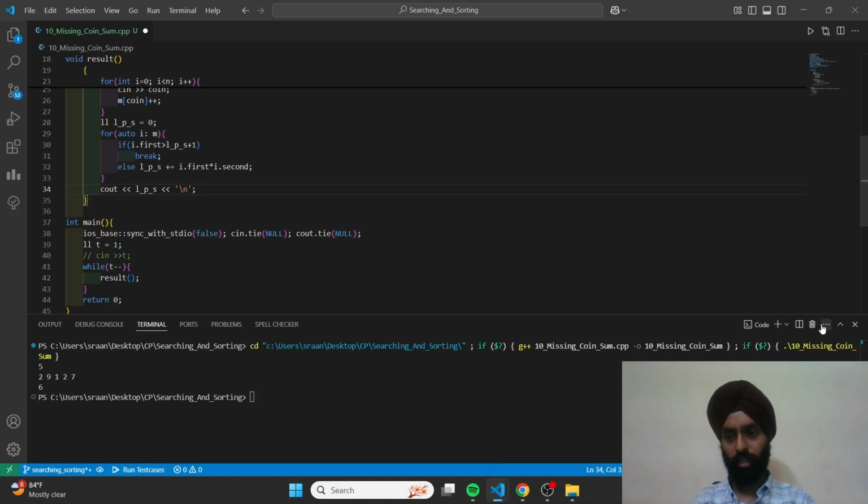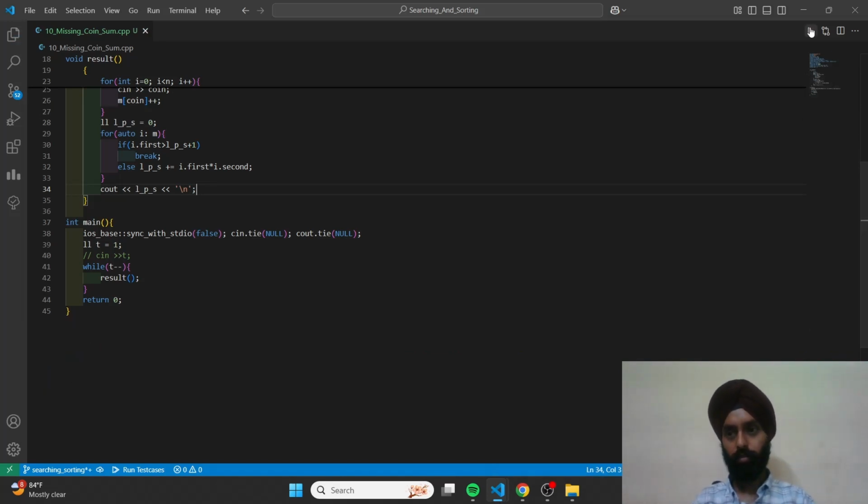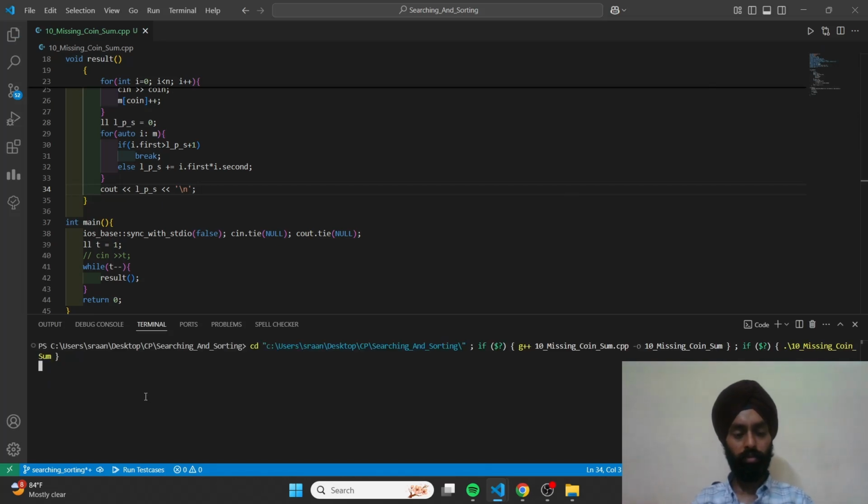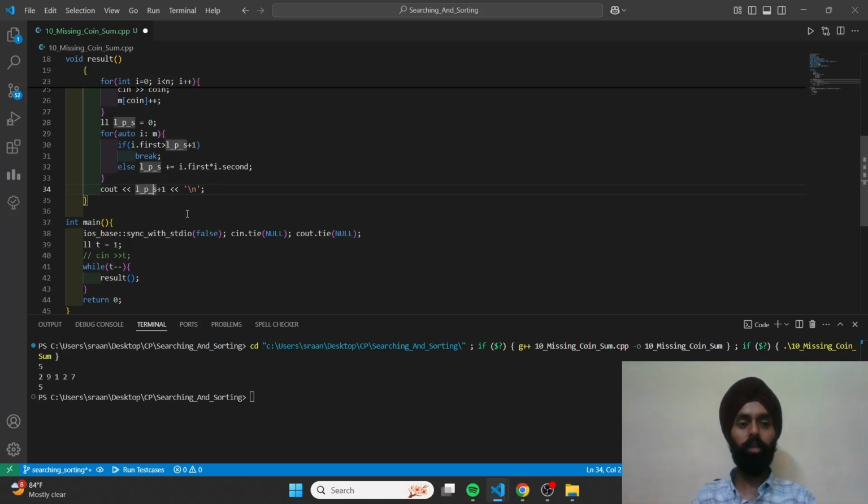Let's check it for the sample case. Oh, we don't have to print the largest possible sum. We will print the largest possible sum plus 1, because this one is possible. The next value to this is not possible.